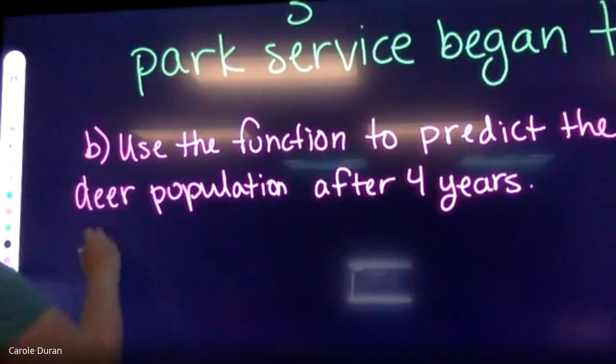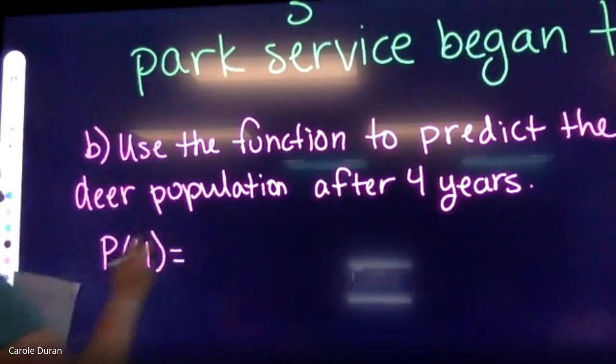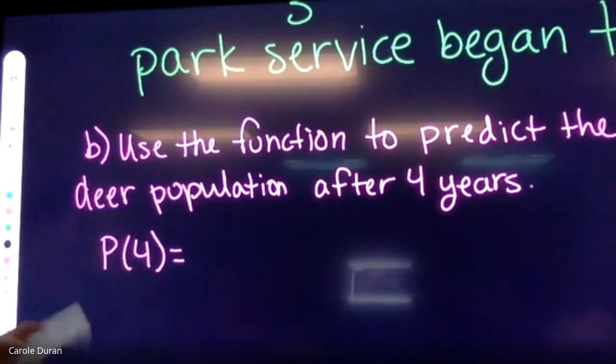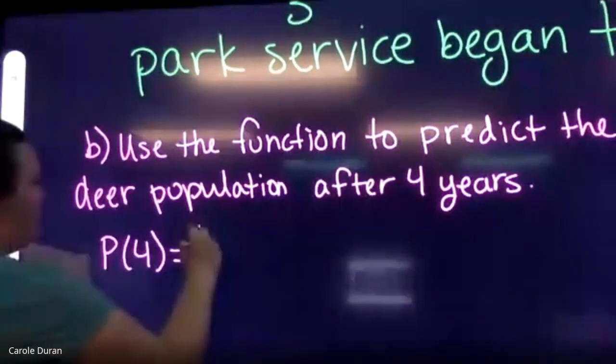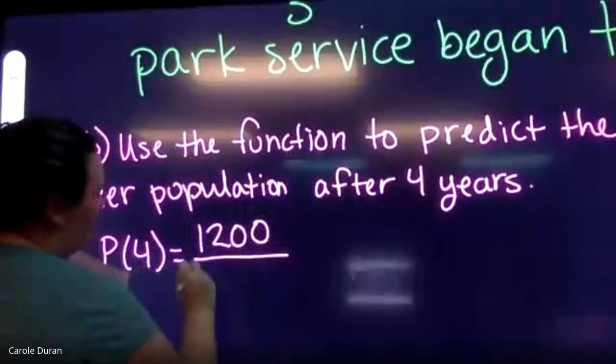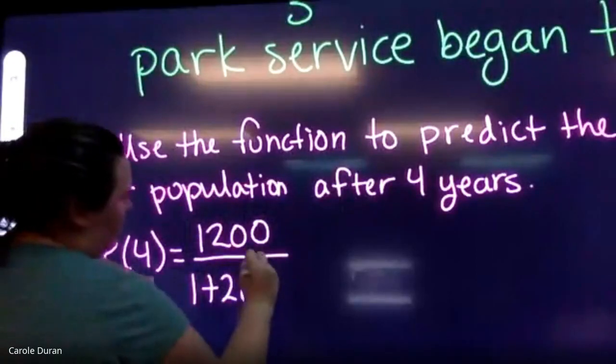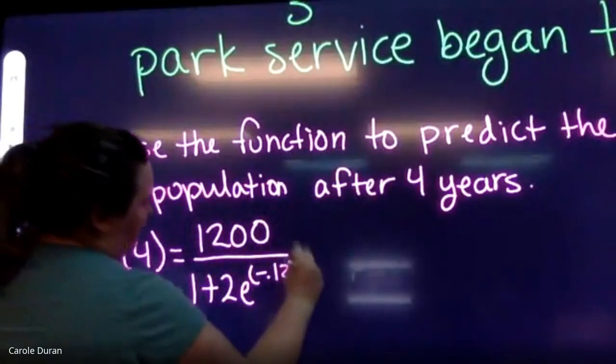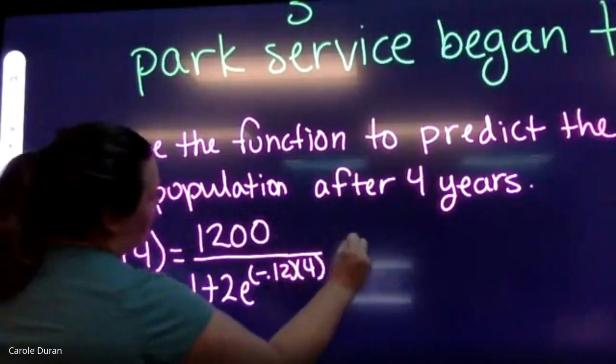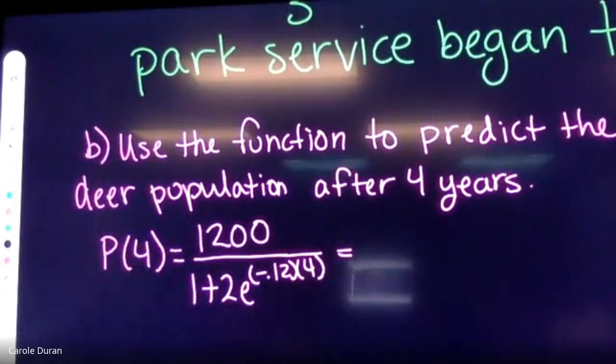So I'm going to take that P function and put 4 in for t. So that's going to become 1200 over 1 plus 2e to the negative 0.12 times 4. And if you want to, you can just plug that whole thing into your calculator. Just make sure you're very, very careful about how you're doing it.